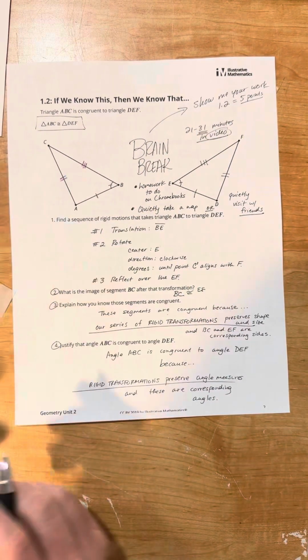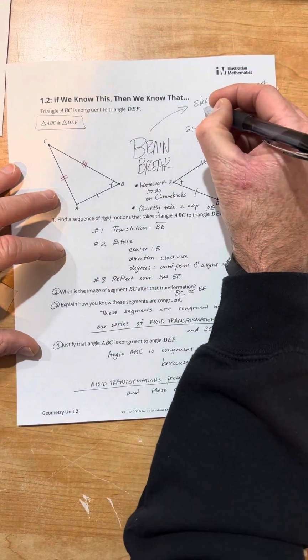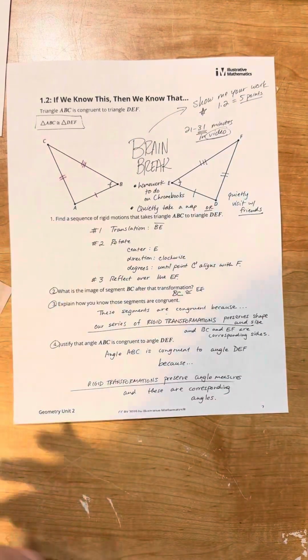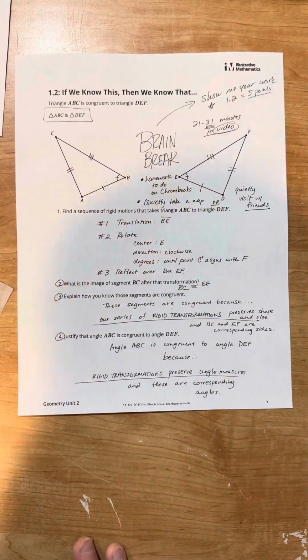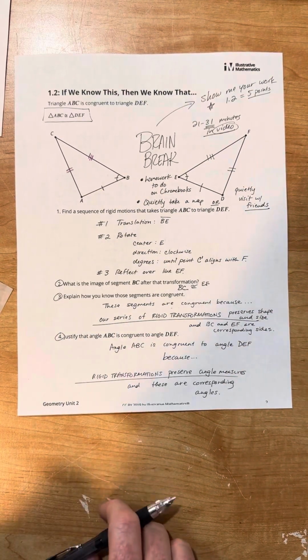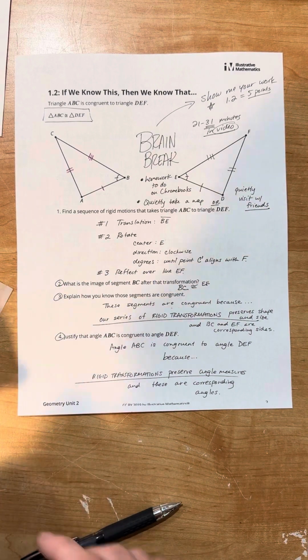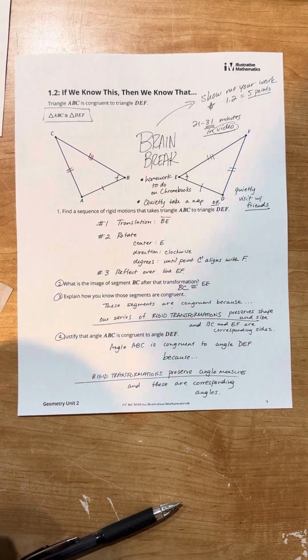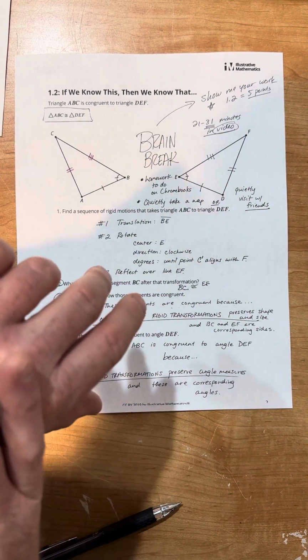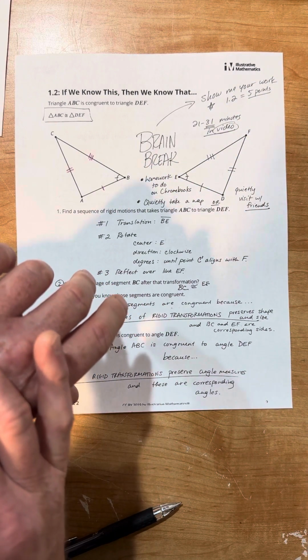So show me your work for 1.2, and that equals 5 points. Okay, I will be back in about 8 minutes.